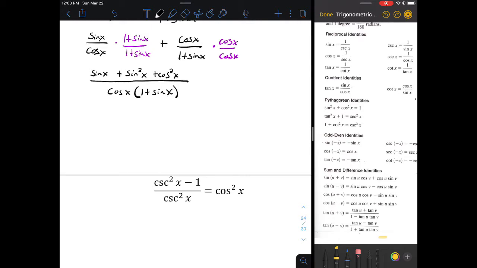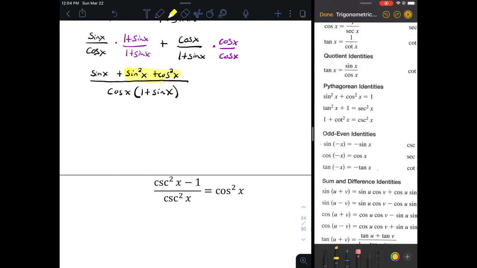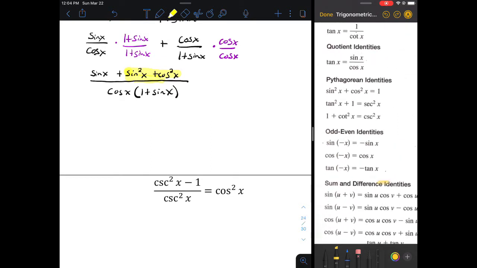Now we're going to ask what my next approach would be, so I'm going to look for an identity. And in fact, we have an identity here. Sine squared x plus cosine squared x is a Pythagorean identity. You'll see over here on the right-hand side that sine squared x plus cosine squared x is equal to 1.